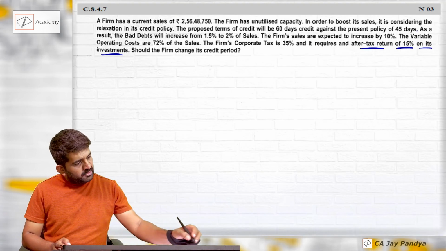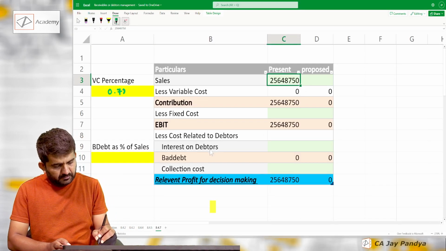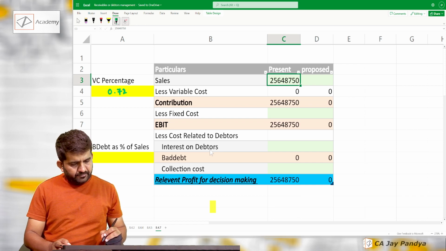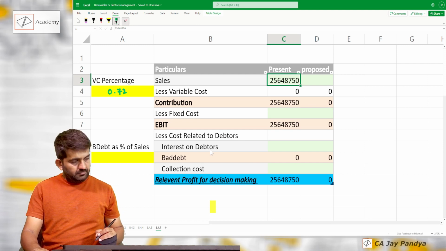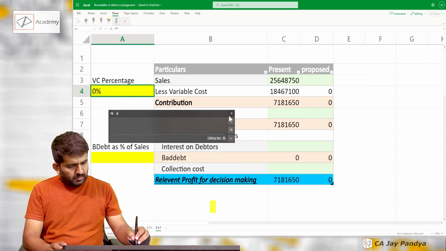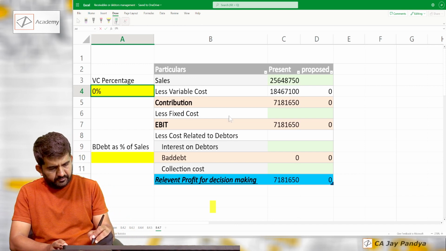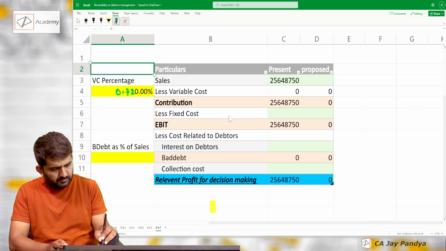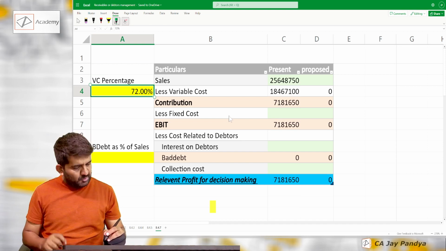What is variable cost? Variable cost is 72% of sales. So I'll be getting variable cost, which is 72%, right? One crore 84 lakh 67,100. There is no fixed cost.